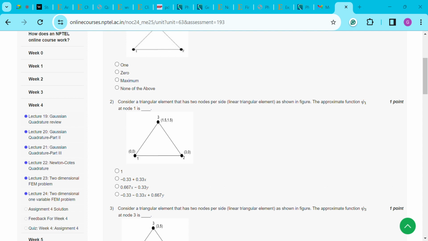What does that mean actually? If you don't take any specific function for W, if the integral of W times f of x dx is equal to 0 for all values of W, then f of x is equal to 0.